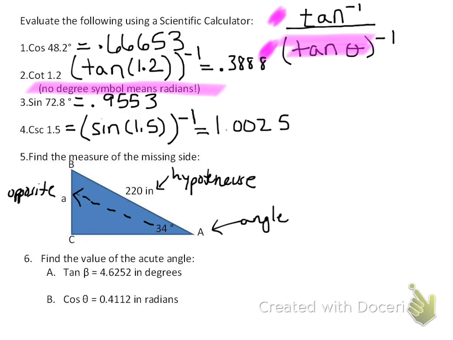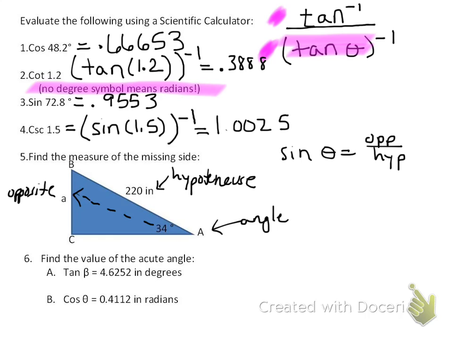So which one of my trig functions deals with angles, opposites, and hypotenuses? Sine, or if I wanted to be really fancy, what else could I use? Cosecant. Good. Let's not make this more difficult than it has to be. We're going to use sine. So the sine of theta equals opposite over hypotenuse is our formula.